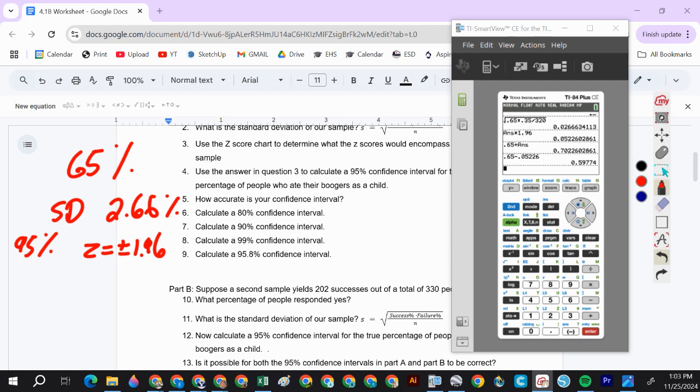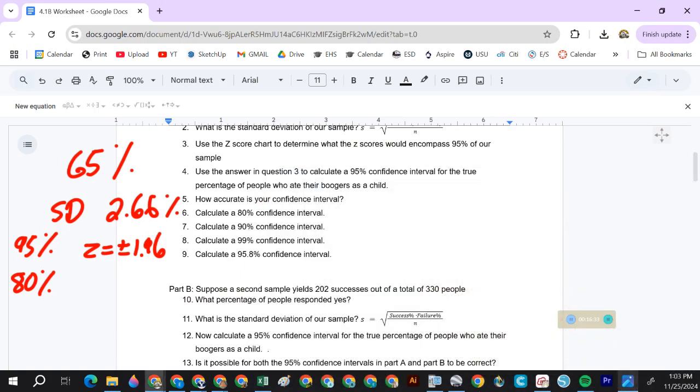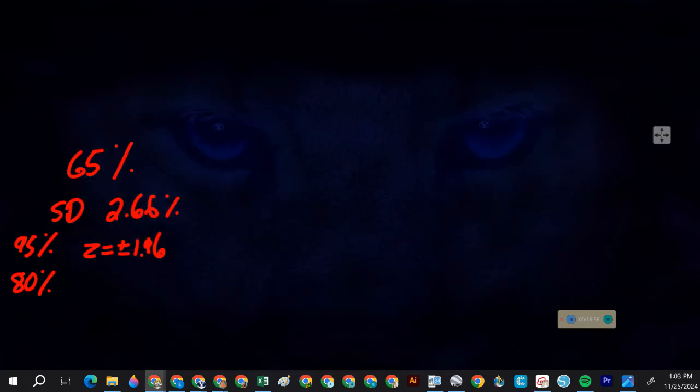Okay, so number 6 says, create an 80%. So how far away do we have to go from the center to capture 80%? So we go here, and we find 0.8, which is, this is weird. Did I move that to another page? Oh.